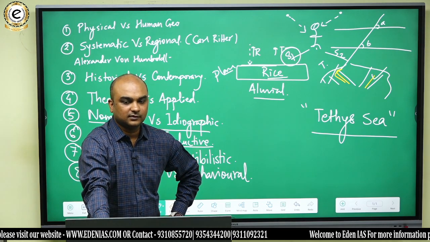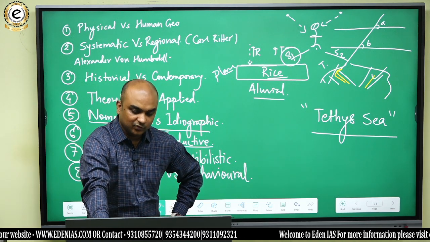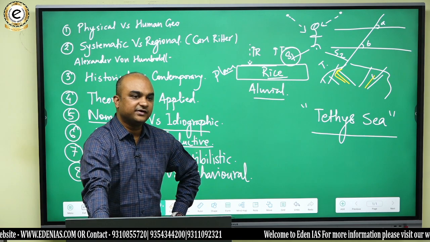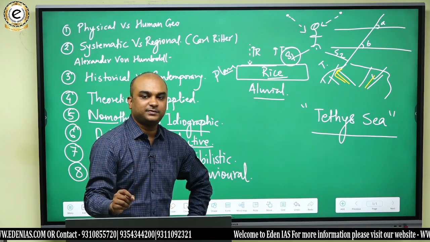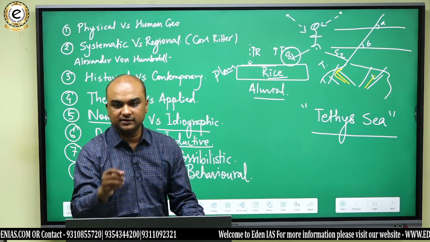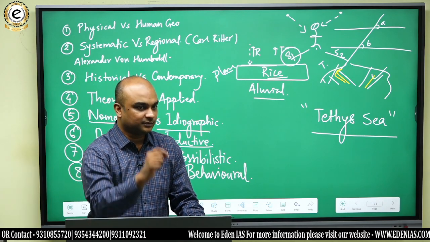Like see, when we understand the rainfall and temperature pattern and we take decisions with respect to cropping pattern, we are in the realm of what? Applied geography. Got it? So put a semicolon, right?